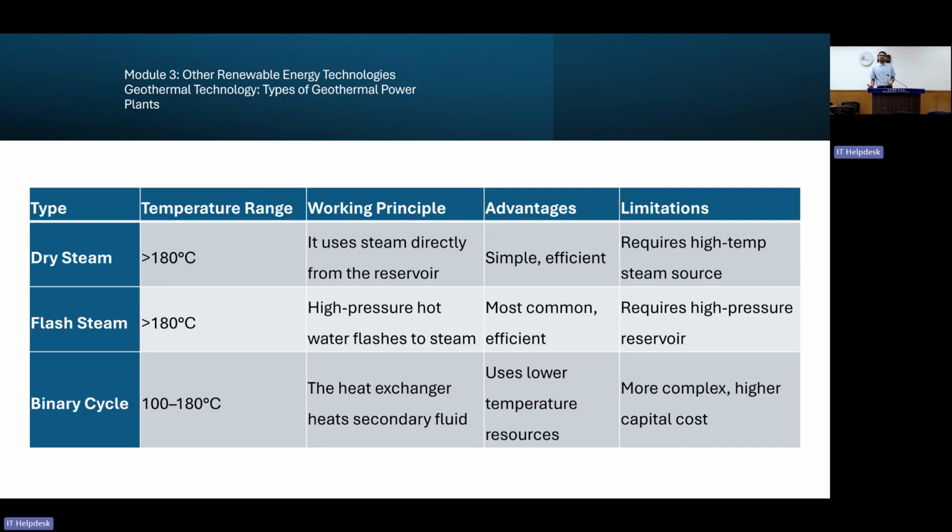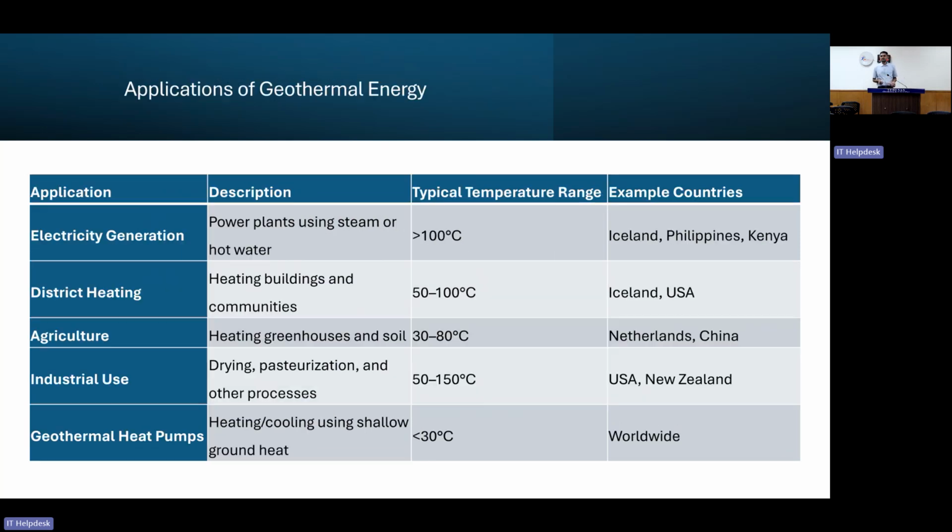So the binary cycle of the geothermal technology has been developed, which eliminates the limitations of dry steam and flash steam and incorporates their advantages. Now coming to the applications of geothermal energy, they are mostly electricity generation, district heating, agriculture, industrial usage, and geothermal heat pumps.